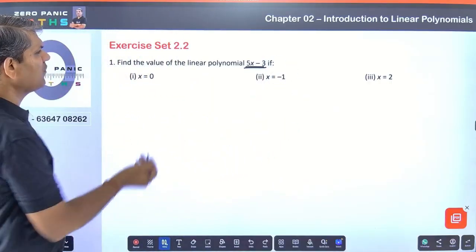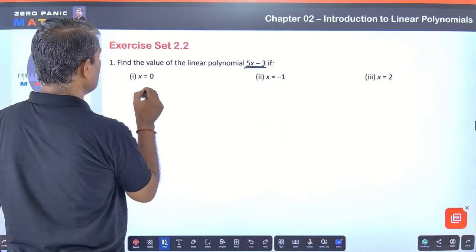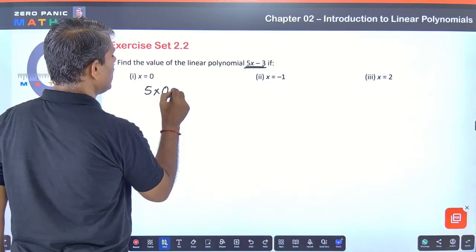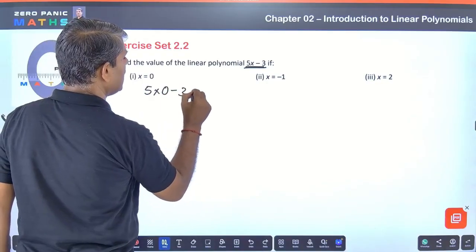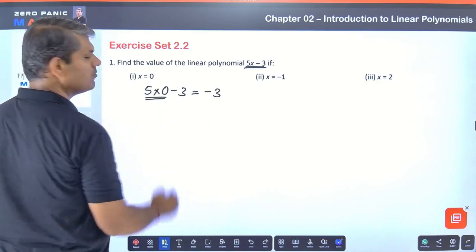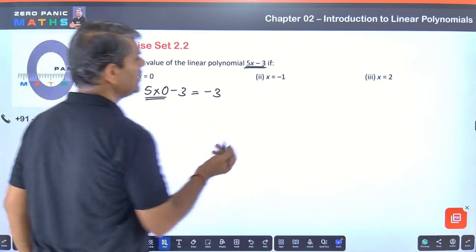Simple. Let us put in the value, x is 0 in this case. So 5 into 0 minus 3, and what is the value of this? It is minus 3, because the first term becomes 0. Simple. Let us go fast.